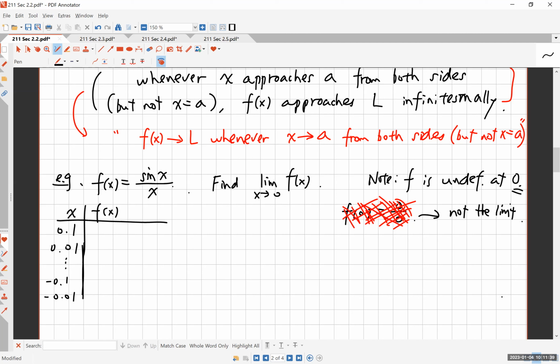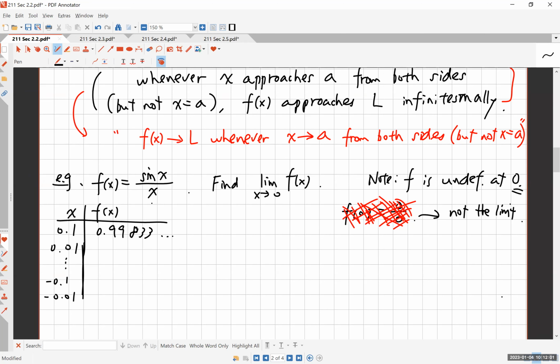Okay, so if you plug in, and again, x is in radians, as mature adults, we use radian mode, not degrees. So put your calculator on the radian mode and find sine of x over x, sine of 0.1 over 0.1, and you'll see 0.99833.